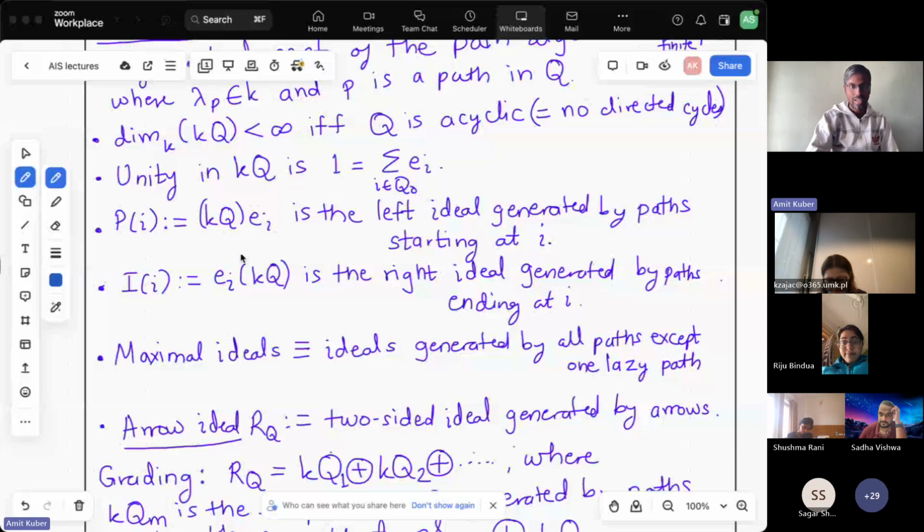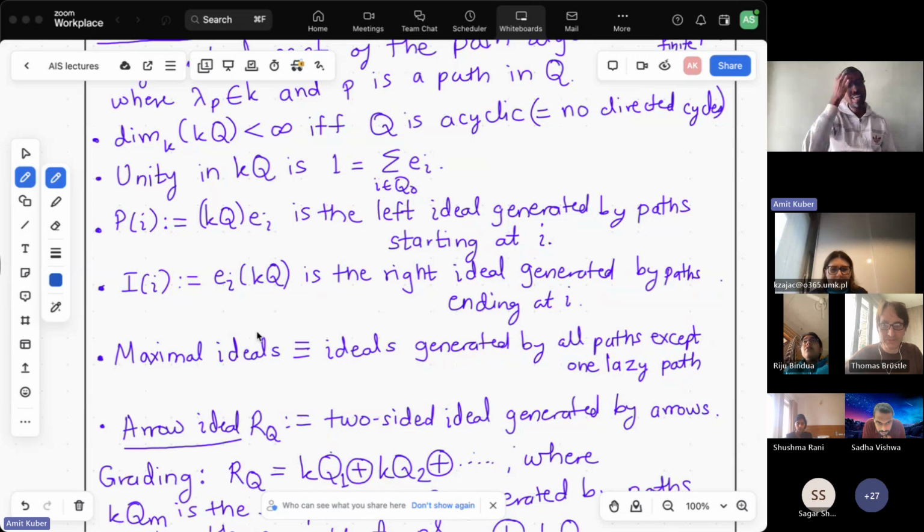Right. Okay. So now we are interested in understanding what is the Jacobson radical of the path algebra. In order to do so, we need to understand what the maximal ideals are. Maximal ideals are precisely the ideals generated by all the paths except one zero length path.